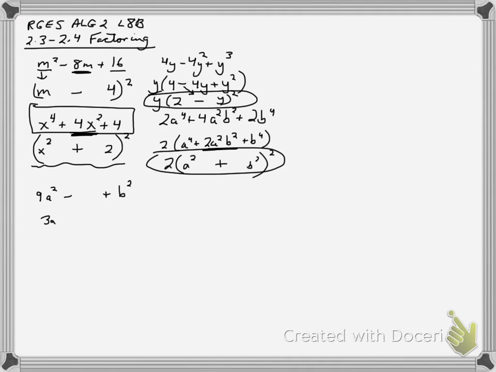Well, if this were 3a and this were b, I'd need the product doubled, so that would be minus 6ab. And so this is the answer you're filling in for the middle term there. So those, I think, are pretty straightforward.